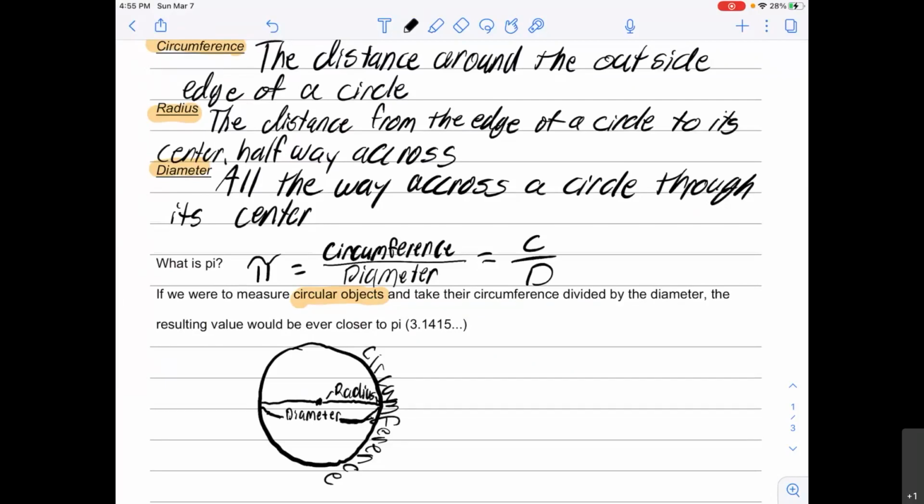So knowing that pi equals the circumference divided by the diameter, we can just rearrange this a little bit and multiply by the diameter on each side and say that the circumference then is just the diameter times pi.